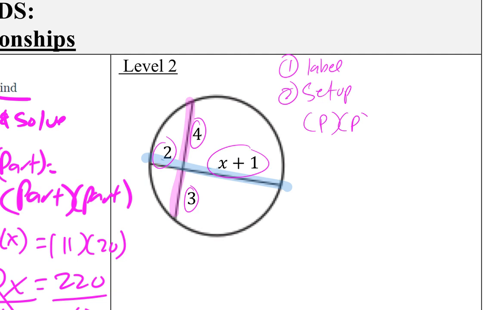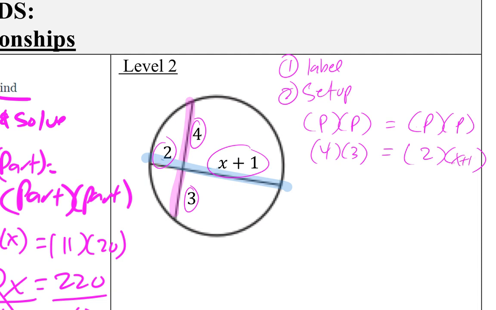So part times part equals part times part, right? Now that we got that, let's fill that in. All right, so let's think about this pink one. First part is 4, second part is 3, right? 4 times 3 equals this part times this part, right? So the first part is 2, the second part is x plus 1, right? So 2 and then x plus 1.